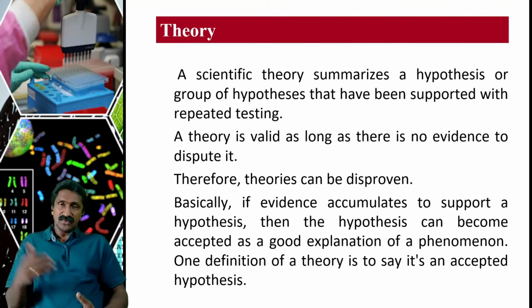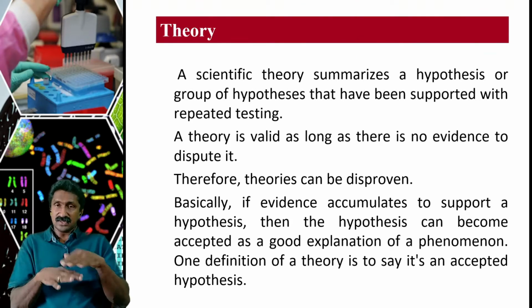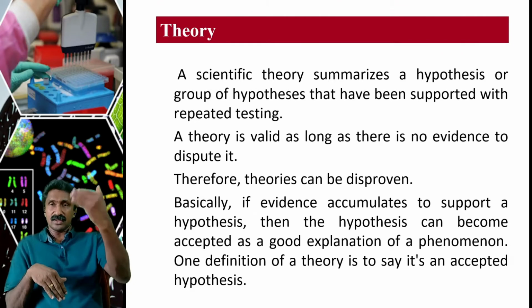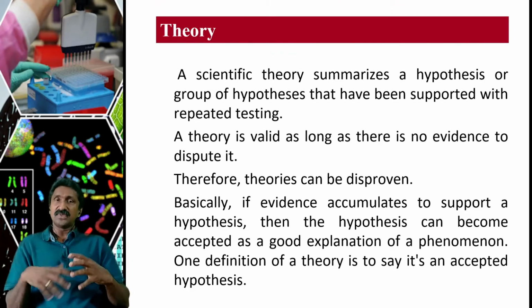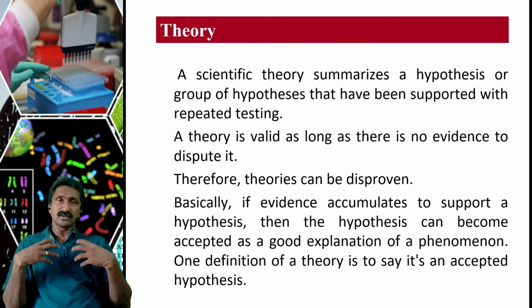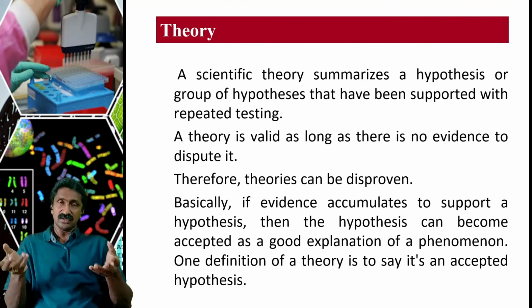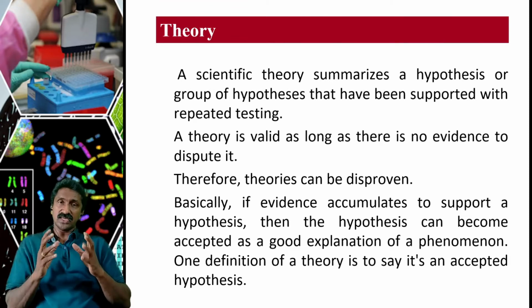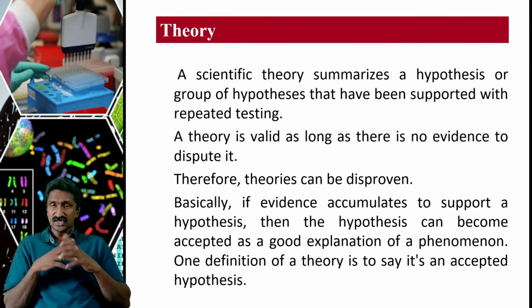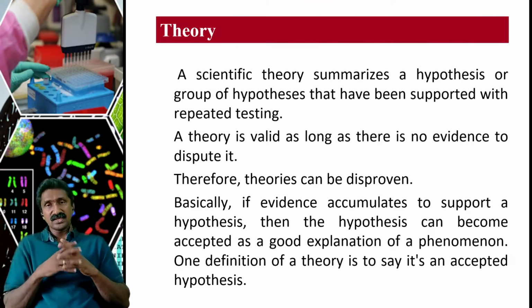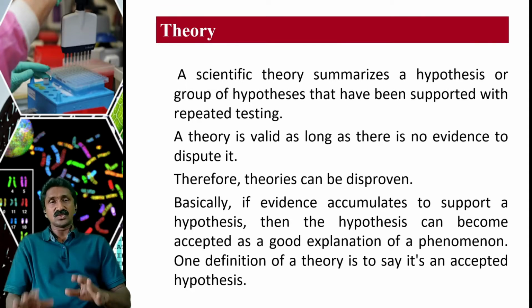You know that in the previous slide we arranged the hypothesis in the lower cadre, and at the top position we have theory, which is tested and supported by various scientific observations and supporting hypotheses, etc. So the theory is actually a more accepted generalized term. That's why we say that a theory is a more generalized proposition. A theory is valid as long as there is no evidence to dispute it. Therefore, theories can be disproven.